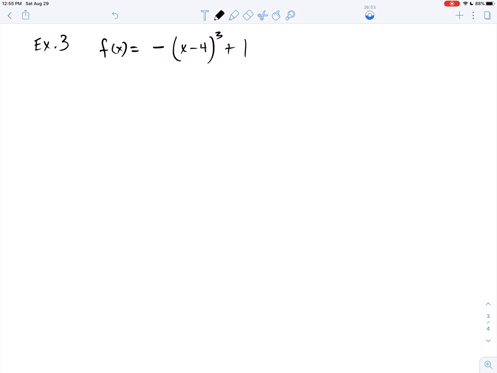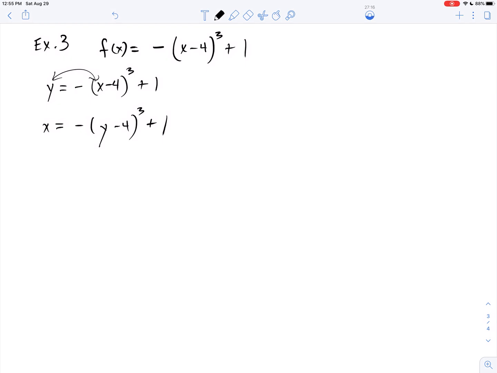I don't want to lose anybody in my moves here. So I'm going to say y equals negative quantity x minus 4 cubed plus 1. Then I'm going to interchange where these are. I'm going to put the x here and say x equals negative quantity y minus 4 cubed plus 1.